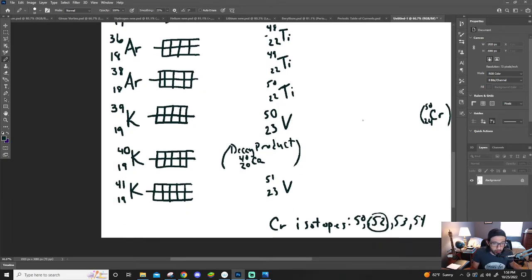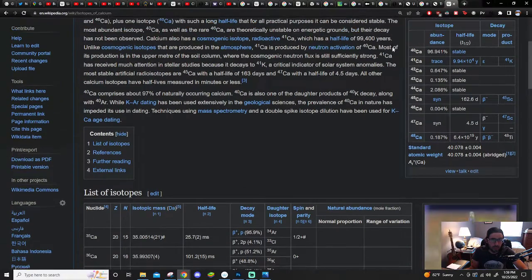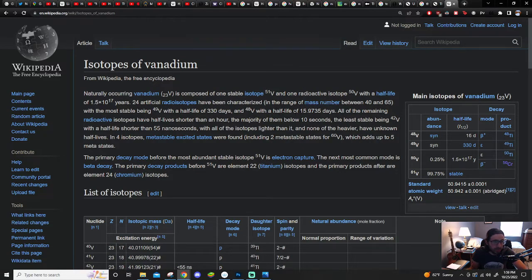Okay, so this one is not the most stable. Let's look at it. Isotopes of... I realized I can just do that. Really, 50 is barely any. Barely any.